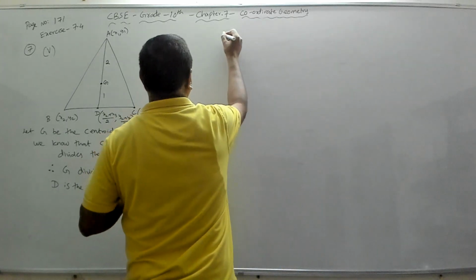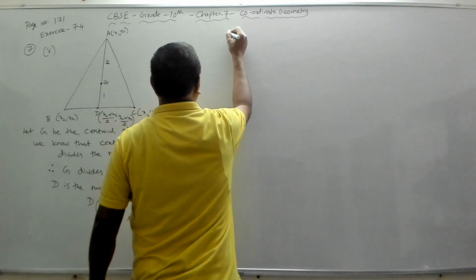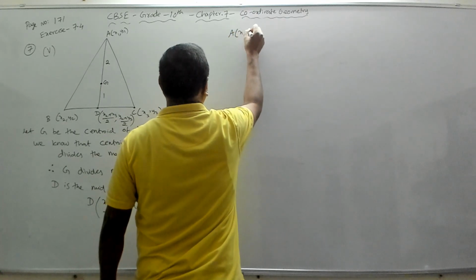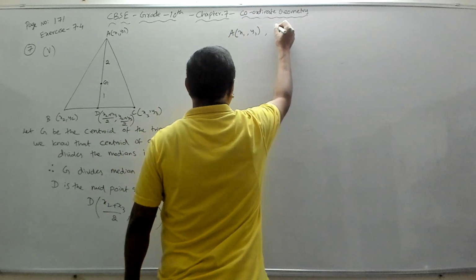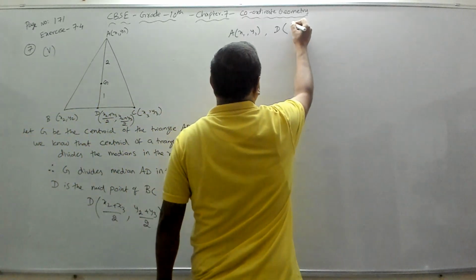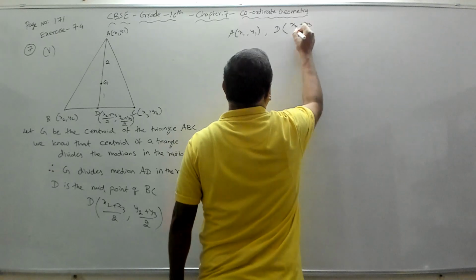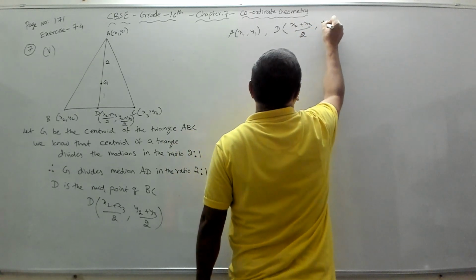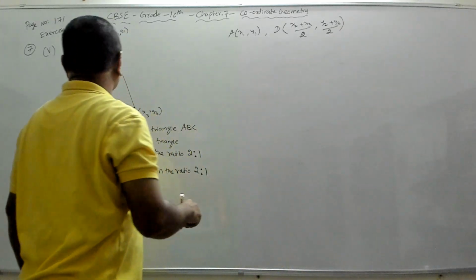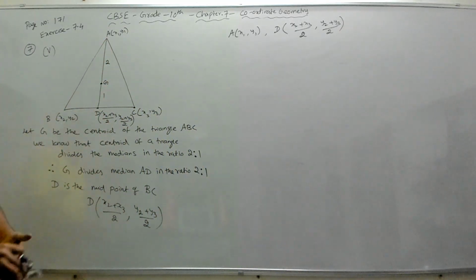So our point A is x1 comma y1 and our point D is x2 plus x3 by 2 comma y2 plus y3 by 2. Now what is the point G?